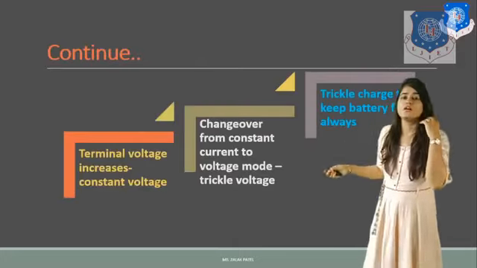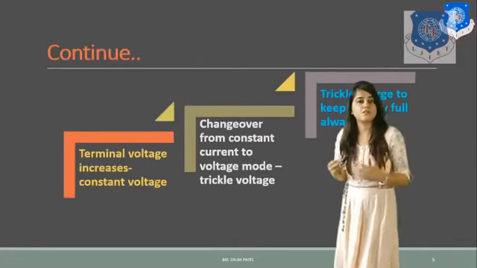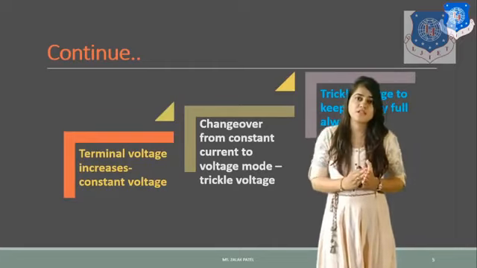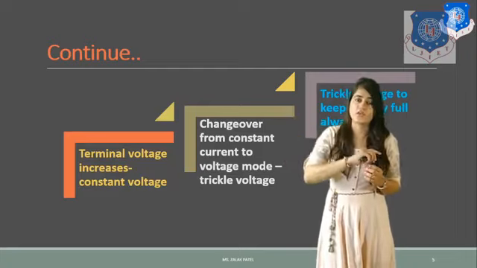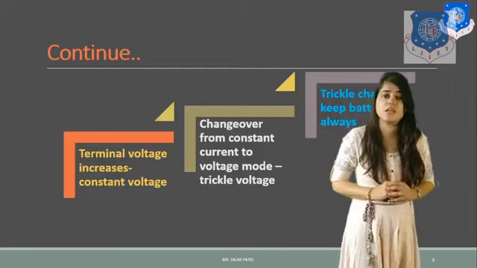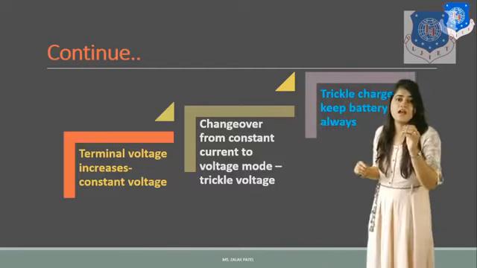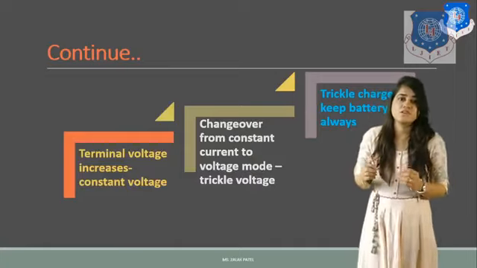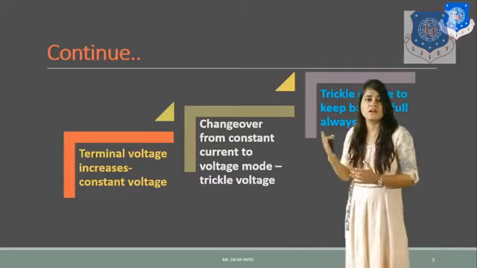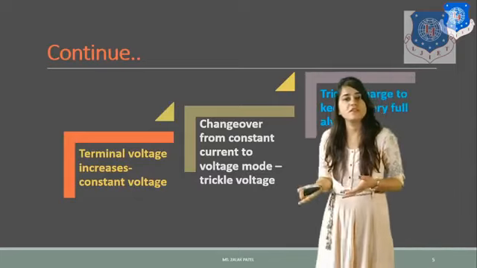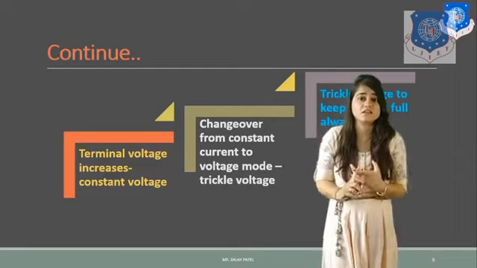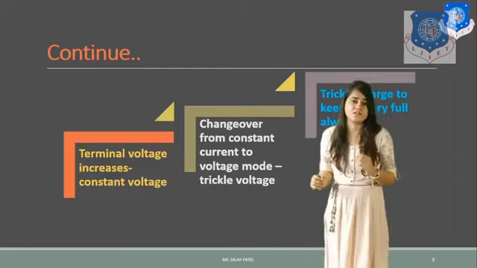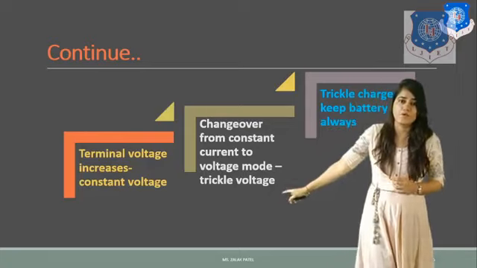For battery charging, first the terminal voltage increases with time, so the graph is exponentially increasing. Then at a particular changeover point, from constant voltage to constant current, that is called the intersect point, and the voltage present at that point is called the trickle voltage.